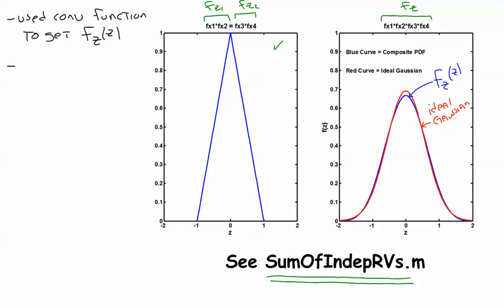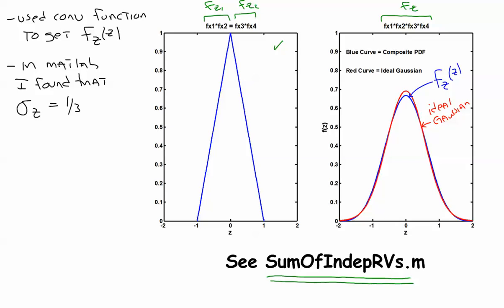I also, in MATLAB, found that the standard deviation for the composite probability density function was a third.